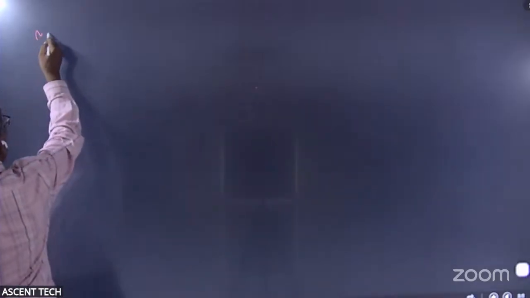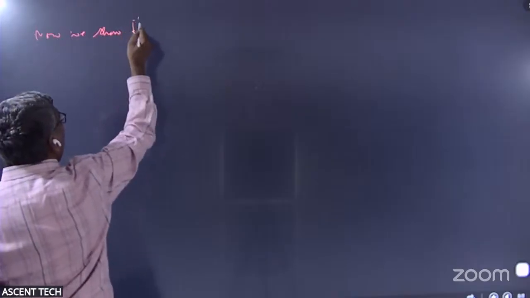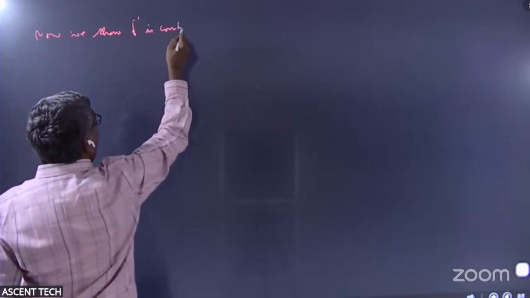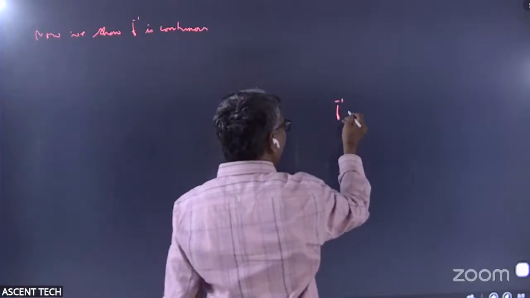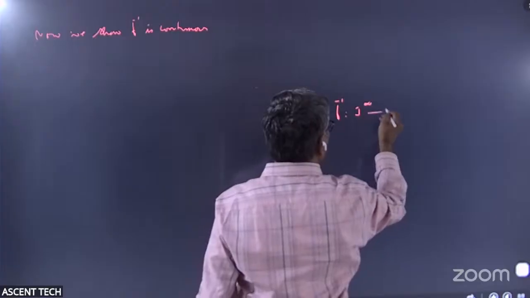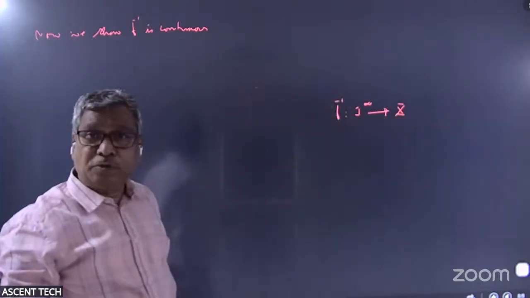Now we show f inverse is continuous. F inverse means you're going from this I infinity back to X. So this is what you want to show continuous.